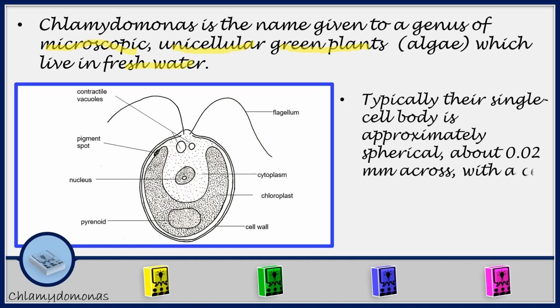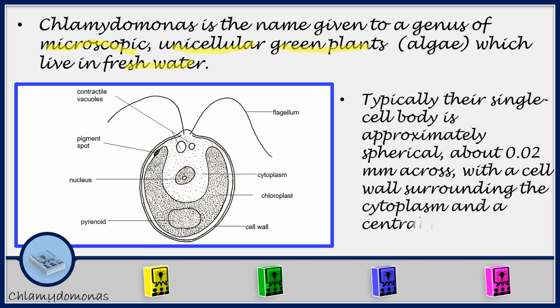Typically, their single-celled bodies are approximately spherical, about 0.02 millimeters across, with a cell wall surrounding the cytoplasm and the central nucleus.